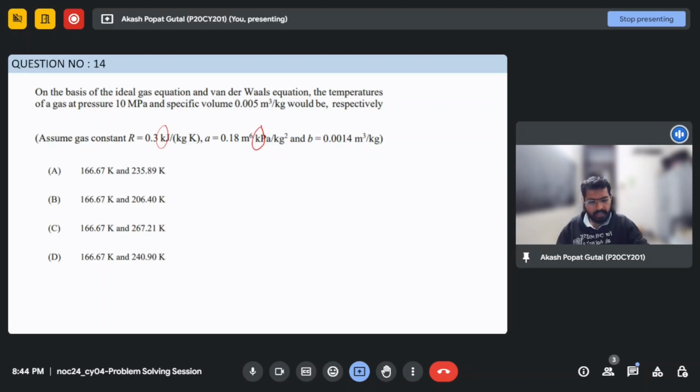So this is also a GATE exam question. Extract out the given things.